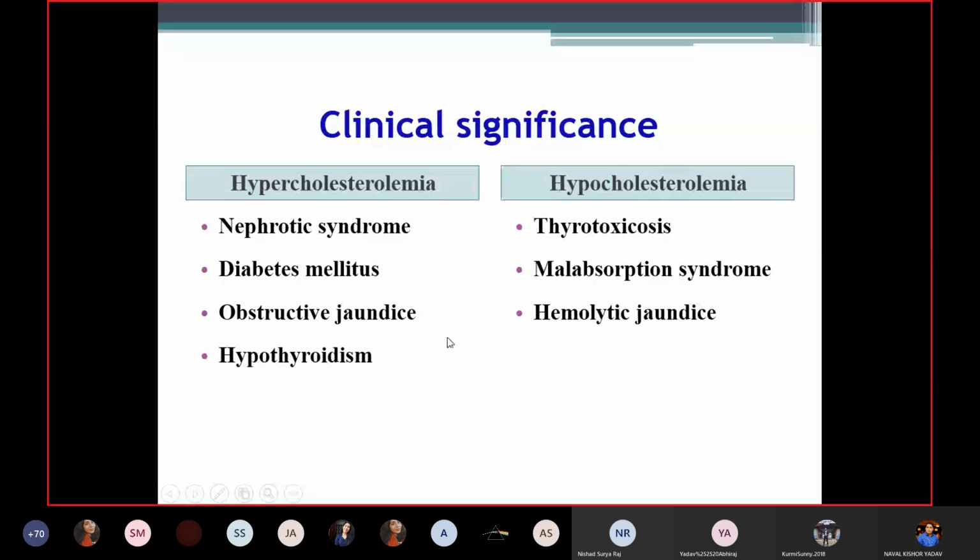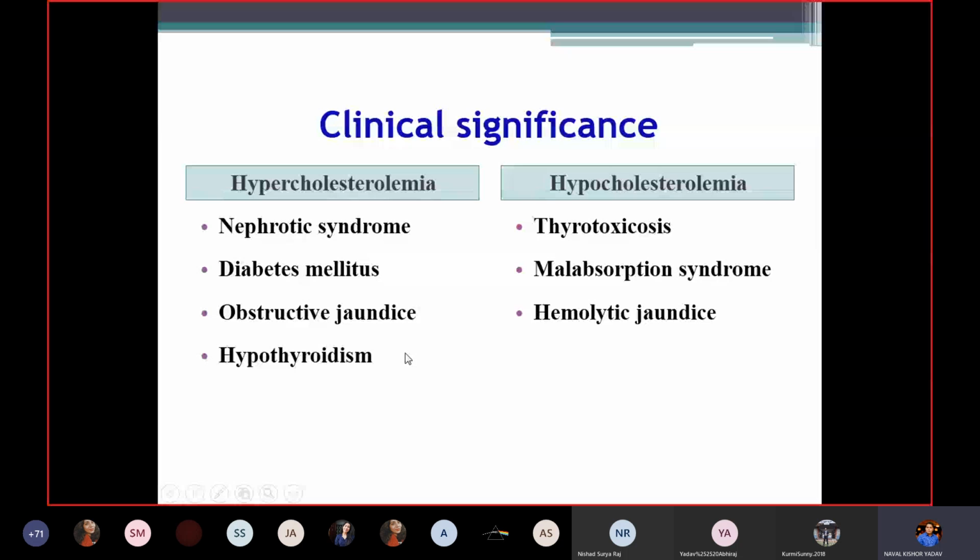Clinical significance: increased in nephrotic syndrome, diabetes, hypothyroidism, and decreased in thyrotoxicosis, malabsorption, and liver conditions.